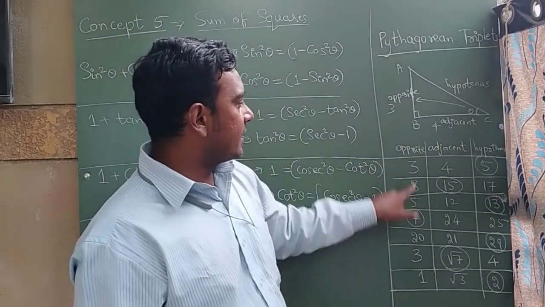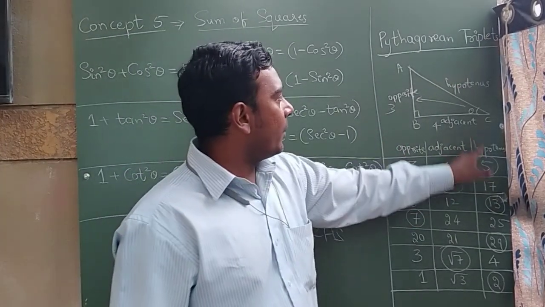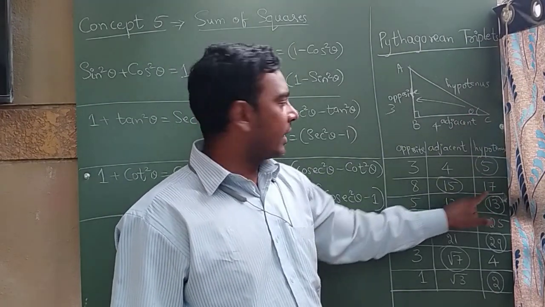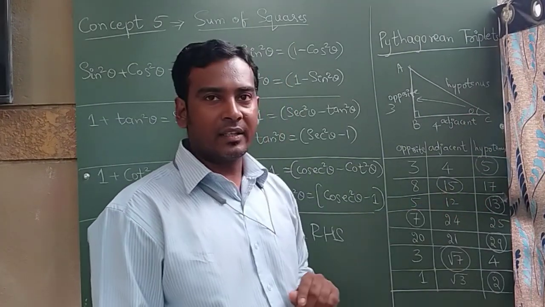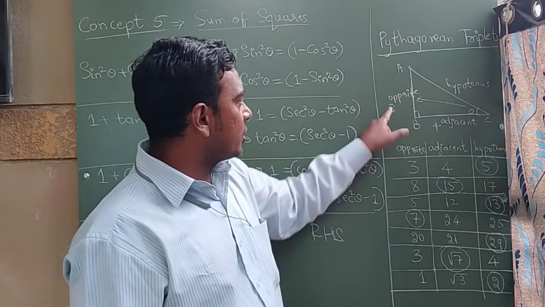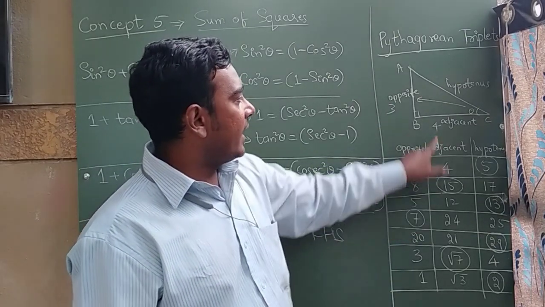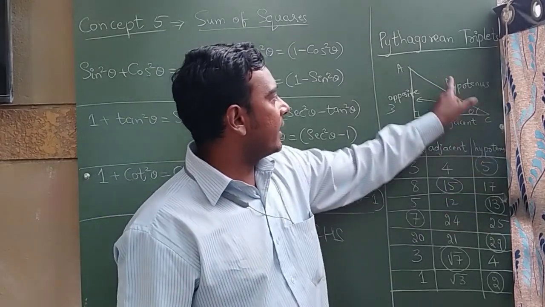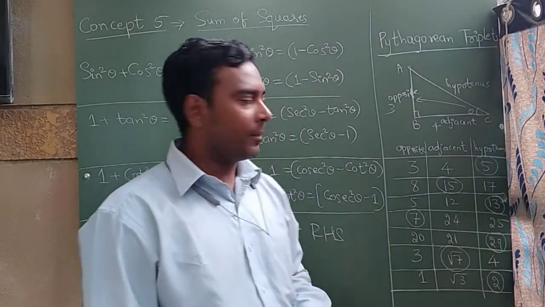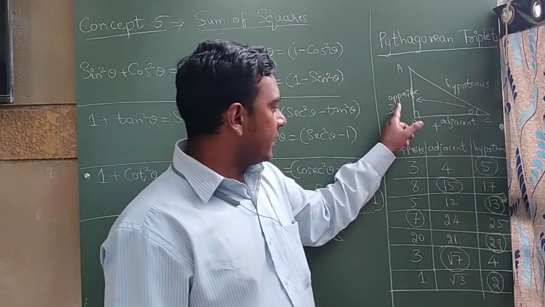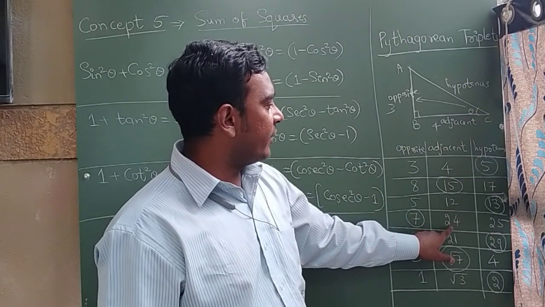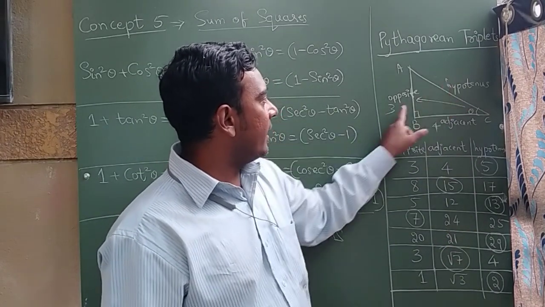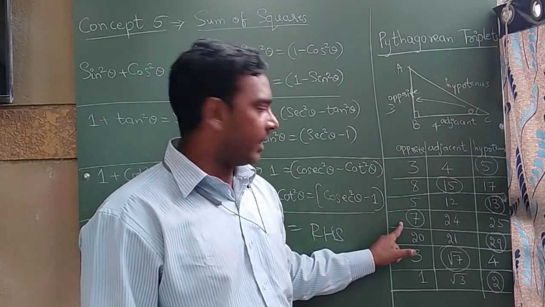Now, if opposite side is 8 and hypotenuse is 17, if you calculate, you will get 15. If opposite side is 5 and adjacent side is 12, then you will get hypotenuse as 13. If adjacent side is 24 and hypotenuse is 25, then opposite side you will get 7.